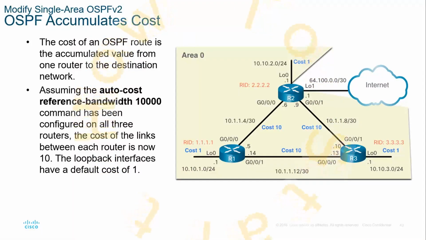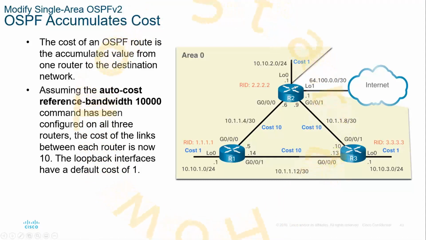The cost for OSPF routes should be an accumulated total between them. So if we want to go from here to the internet, it would be cost 1, cost 10, and over. If we want to go R1 to R3 to R2, it would be cost 1, cost 10, cost 10 again, and to the internet. So here would be a cost of 20, here would be a cost of just 10.